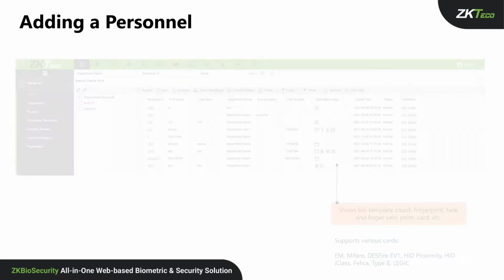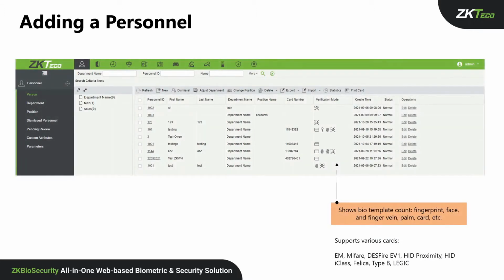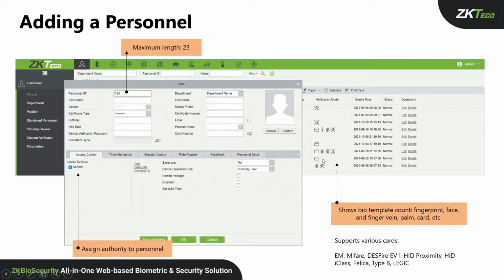Okay, for adding personnel, as you can see, in the personnel option, there's a person, and there's a new option. In this new option, you will see how to add users.